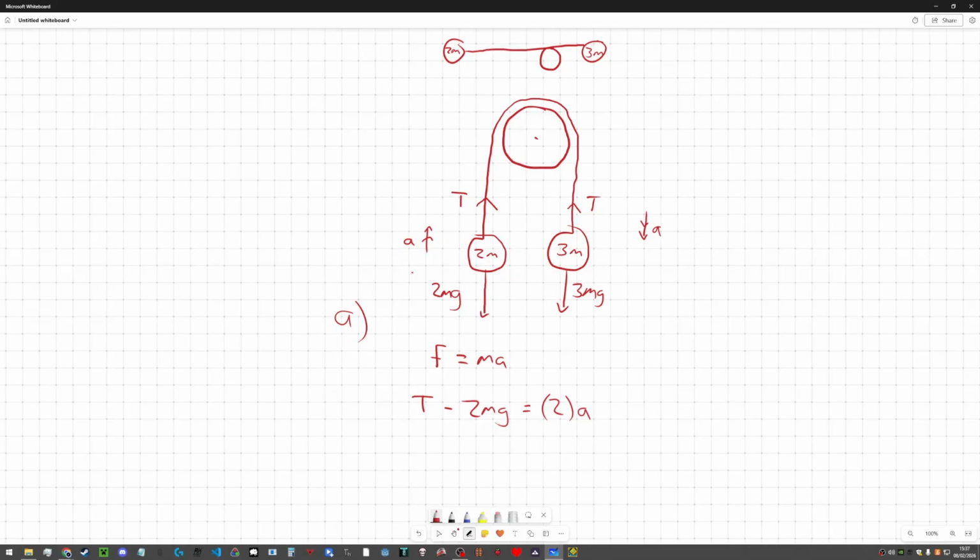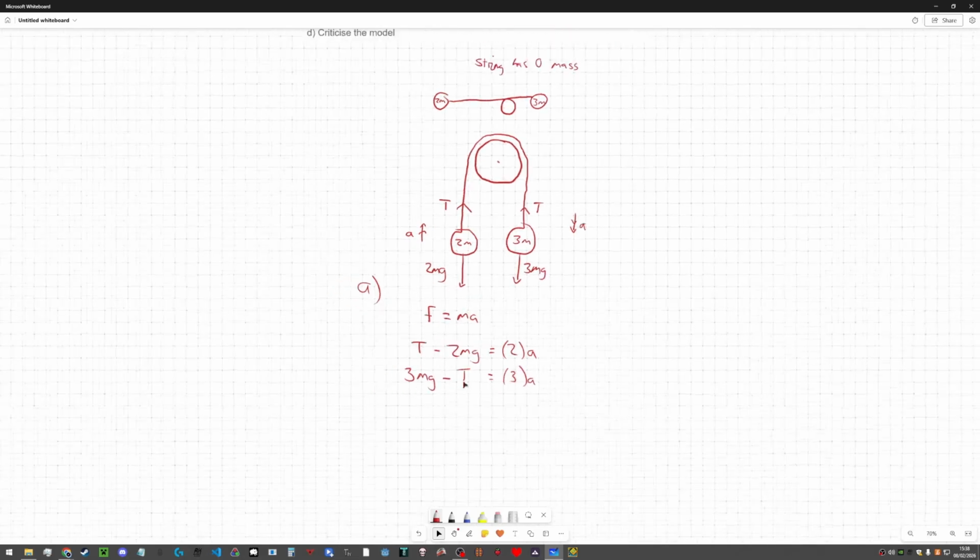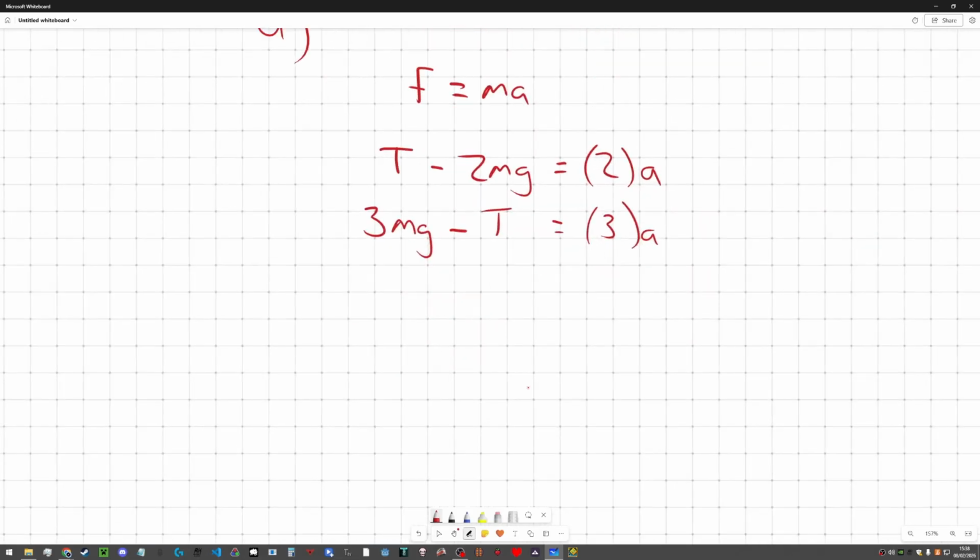Our force, which this time will go downwards, is 3mg minus T, which will be equal to our mass, 3m, times our acceleration. And from here, we now have simultaneous equations in terms of T and a. To solve this, we can add the first equation to the second equation.